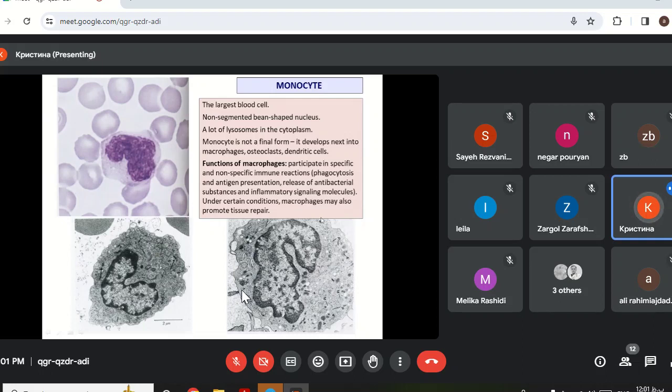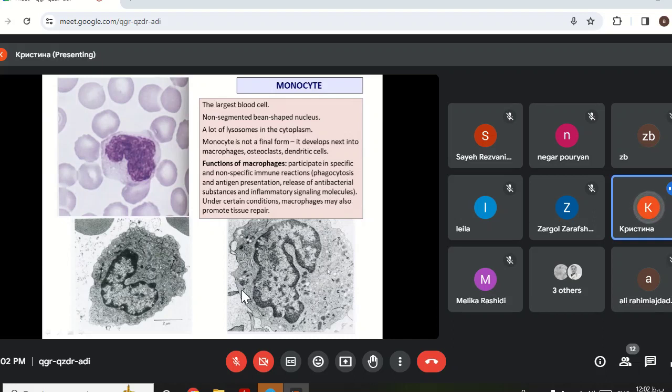Here you can see the electron microscopy pictures. Monocytes are very large cells with a lot of cytoplasm, with a lot of vacuoles and lysosomes. Here also, and a bean-shaped nucleus.